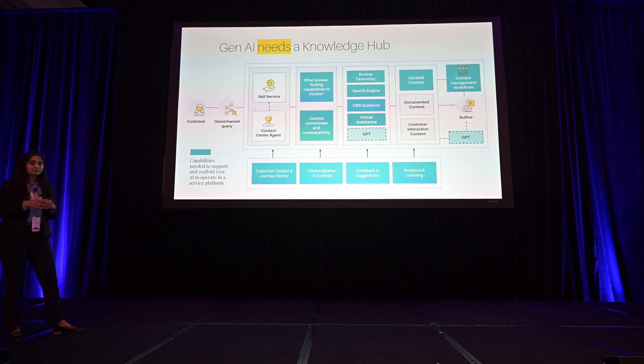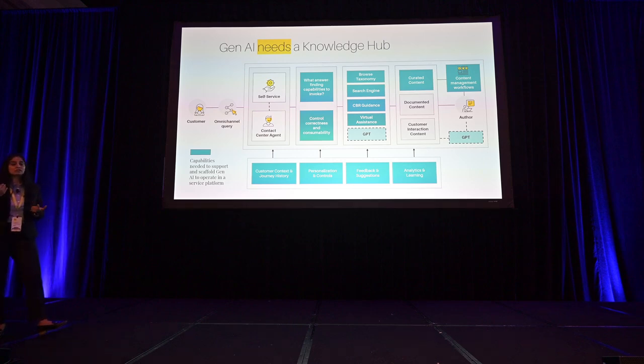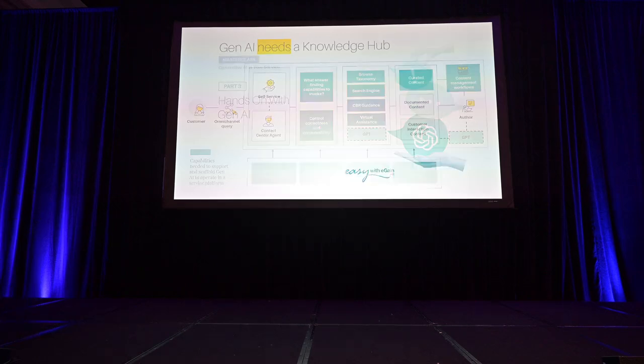Because you need that consolidation as part of a knowledge hub, which would then enable you to source that content and make sure you trust it before you make it available for an AI engine to respond based off that. That's essentially the value a knowledge hub would bring, and that is required whether your end users are consuming knowledge or AI is consuming it. It's essentially the same in both cases.